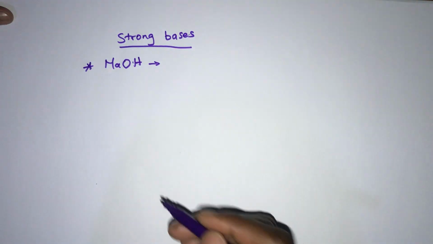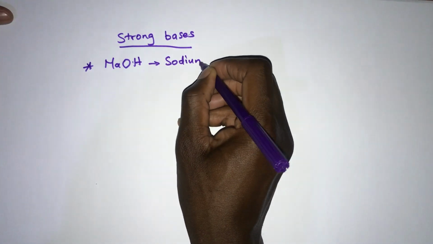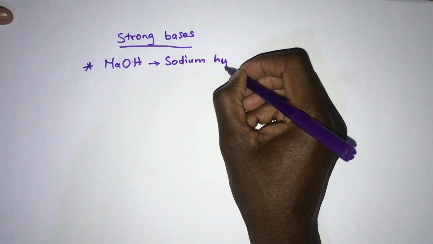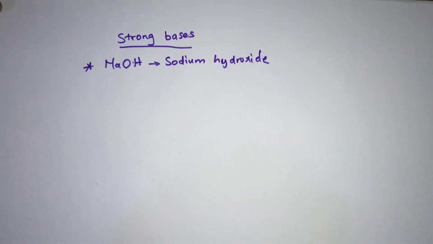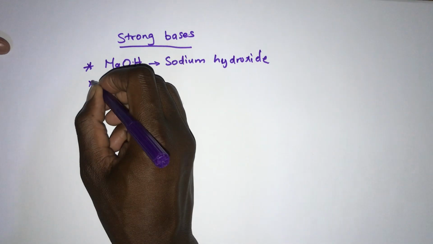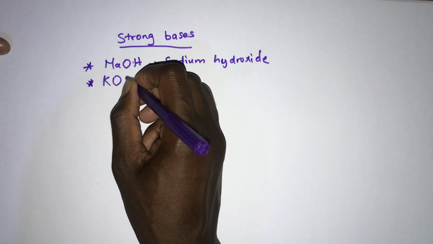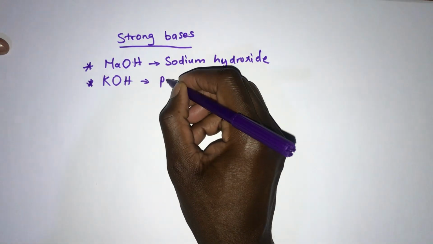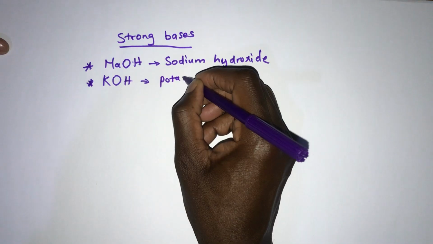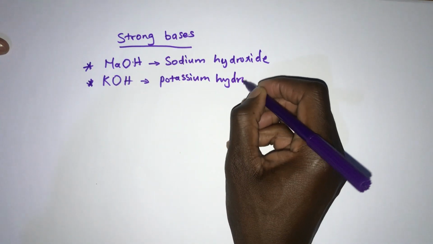The name of this one is sodium hydroxide. That is strong base number 1. Strong base number 2 is KOH. KOH is potassium hydroxide.